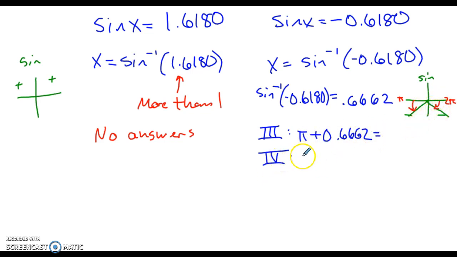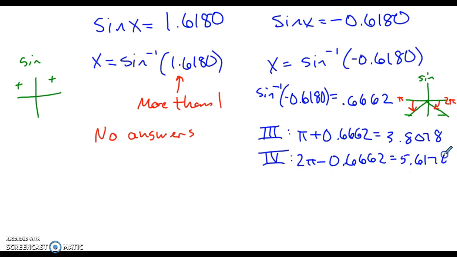And in quadrant 4, you do 2 pi minus your reference angle. And when you do that, you get 3.8078. 2 pi minus your reference angle is 5.6170, and those are your two answers.